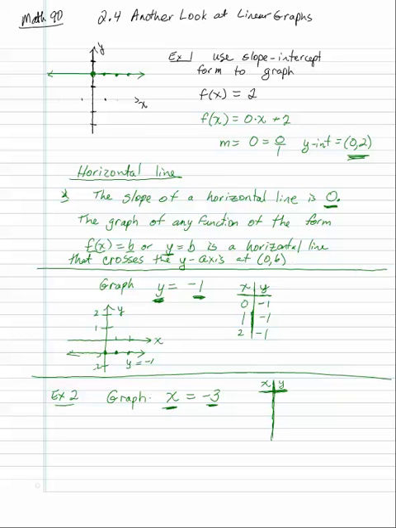And if we go back and think, the graph of an equation is a picture of the solution set. So we need points that make this equation true. So what would make this equation a true statement? And the answer is, well, x has to be equal to negative 3.